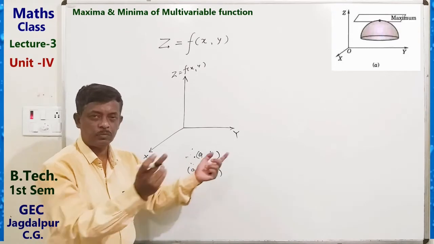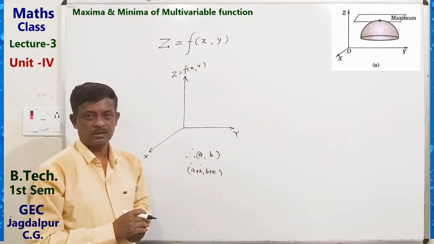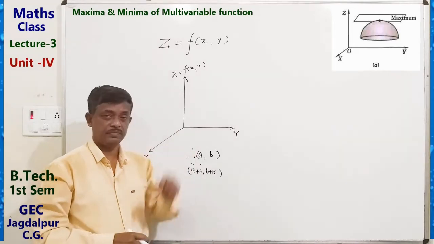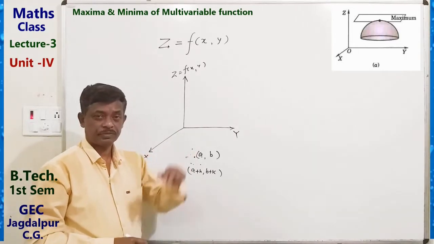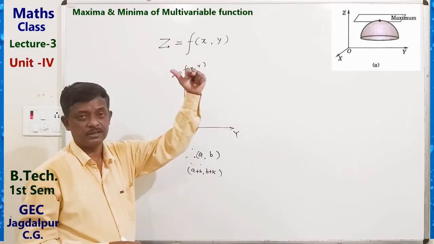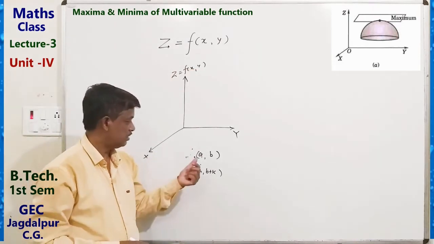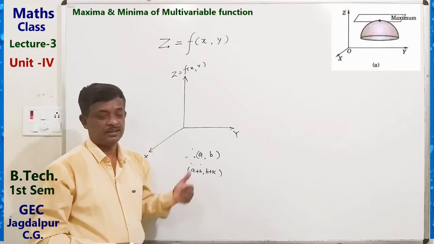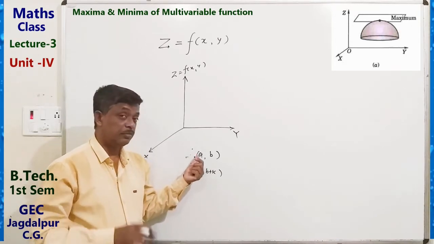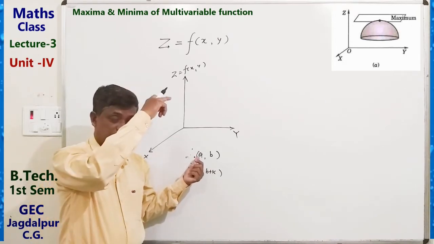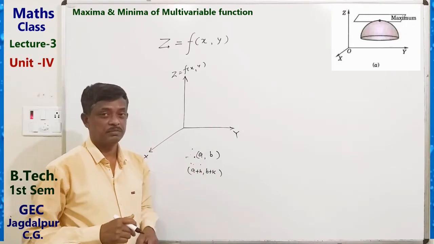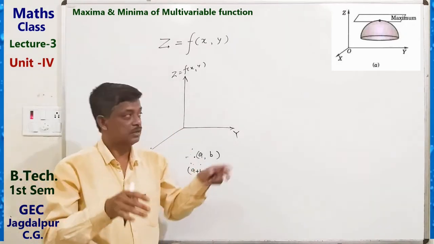If for all those points on the surface the value of z is less than the value of z at this point, then the value of f(x, y) at this point will be the maximum.